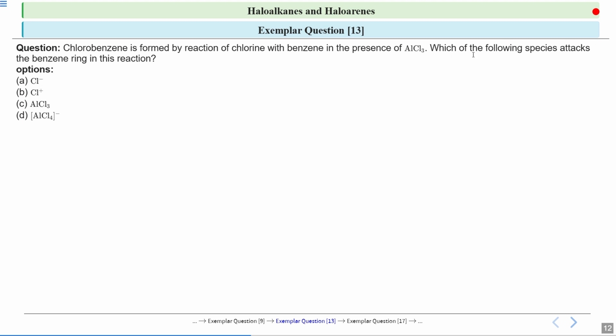You have to tell which of the given species will attack the benzene ring in this reaction, the formation of chlorobenzene. The options are Cl-, Cl+, AlCl3 or AlCl4 negative.